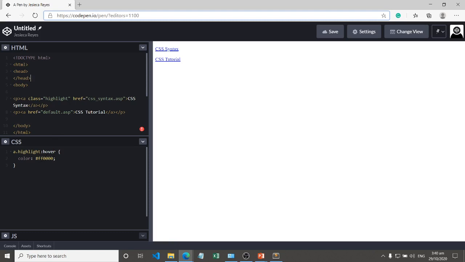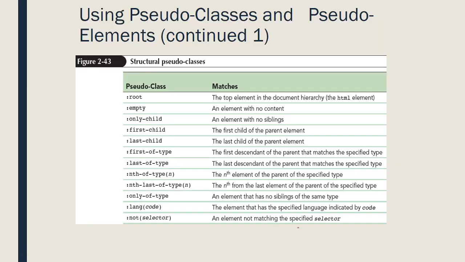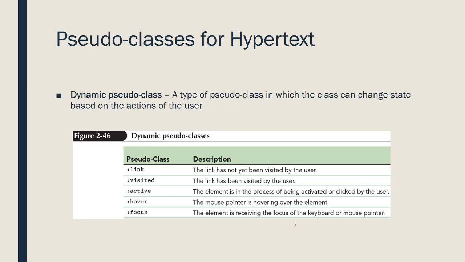We have applied a pseudo class hover when we hover these links. For example, we can also apply the pseudo class to the links, right?